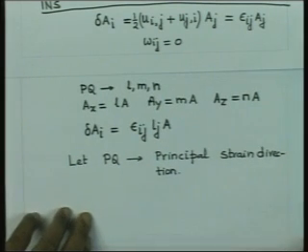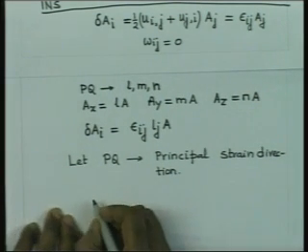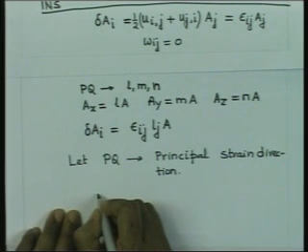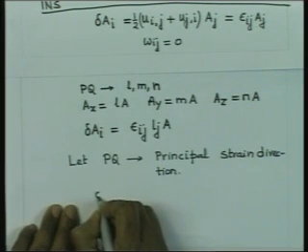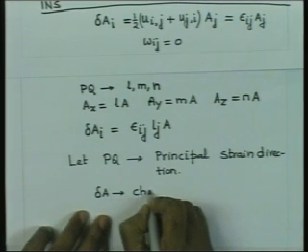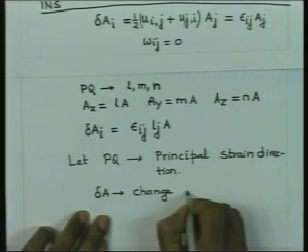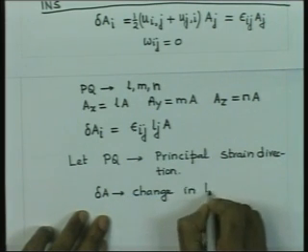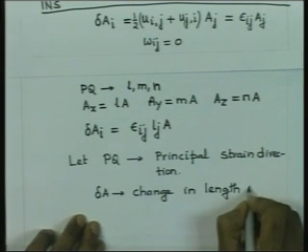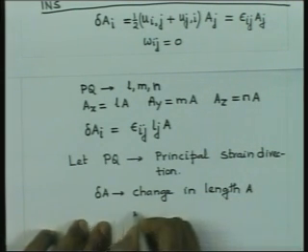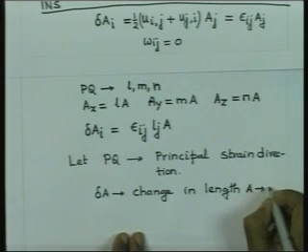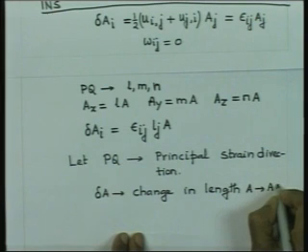So, if PQ is a principal direction, then we can write that the change in length delta A of element PQ, which is A, is nothing but it is going to be A into epsilon.